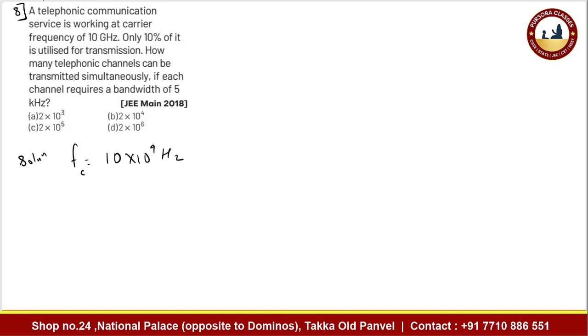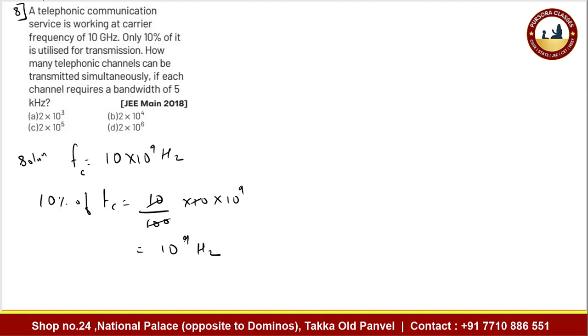Only 10% of it is utilized for transmission, so we can only use 10%. 10% of the carrier frequency will be 10 upon 100 into 10 to the power 9. So 100 and 10 get cancelled, and 10 to the power 9 hertz is available.